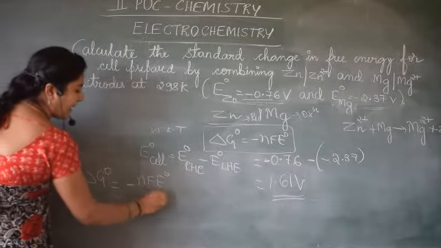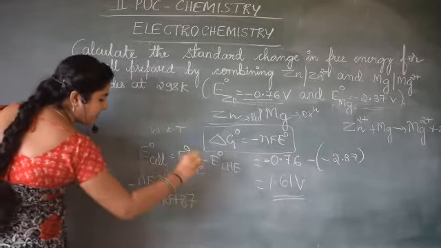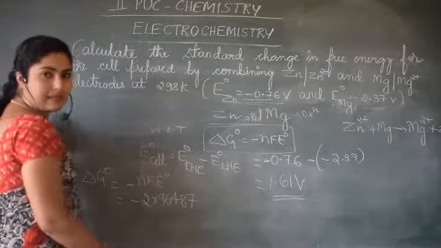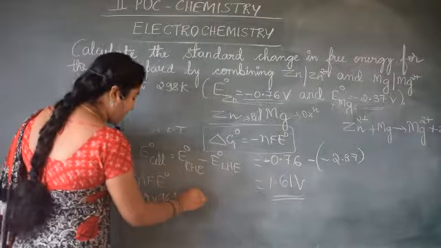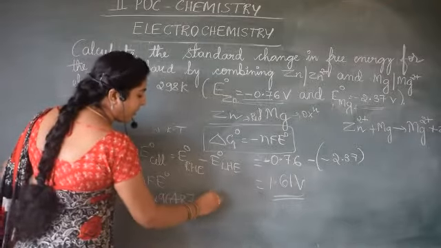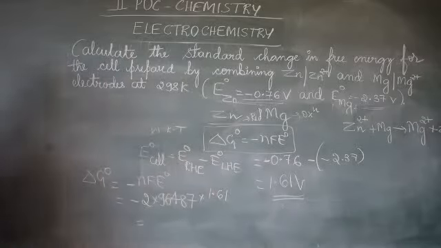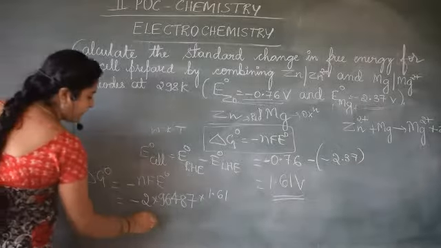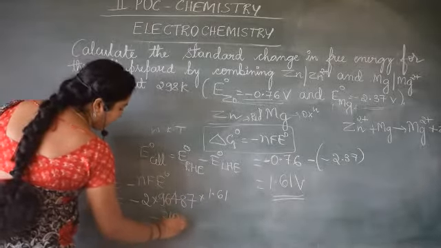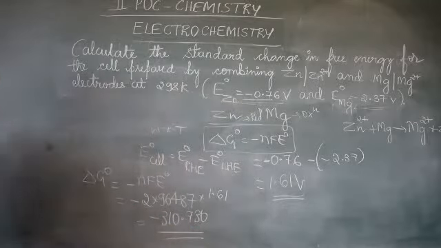F value is 96,487 coulomb per mole. E naught value is what you have got now, 1.61 volt. Now substitute it and calculate the delta G naught value. You will get around minus 310.730.